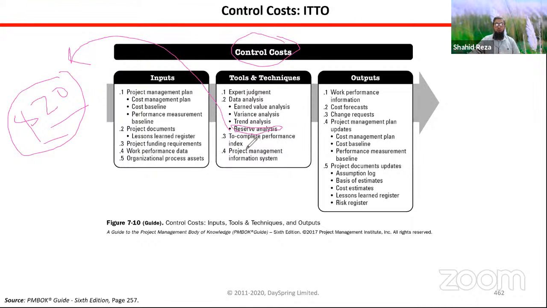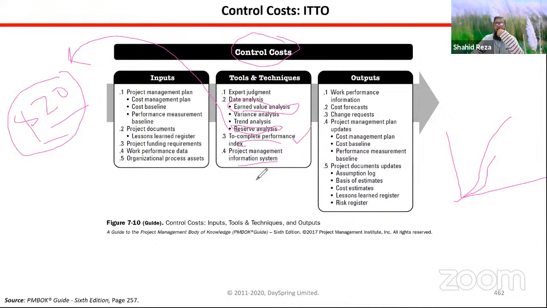And to-complete performance index is another mathematical tool of our earned value analysis. When I discuss earned value analysis, then I will also discuss this. And you can use project management software. If you use Microsoft Project, then this earned value and S-curve are automatically drawn, and when you provide actual data, Microsoft Project can easily create this chart for you.